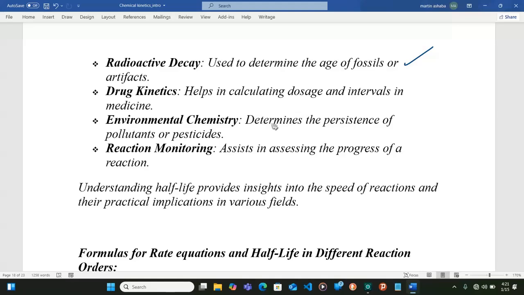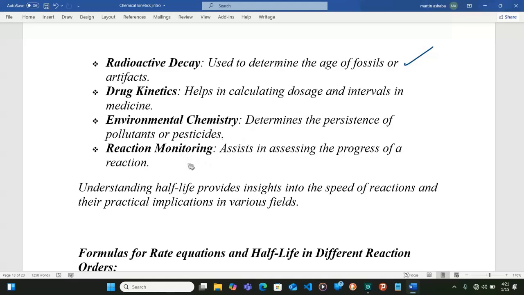Having a hint about the half-life of that pollutant, we will be able to determine how long it is going to be in the environment, and therefore we devise means of avoiding it or managing the effects.